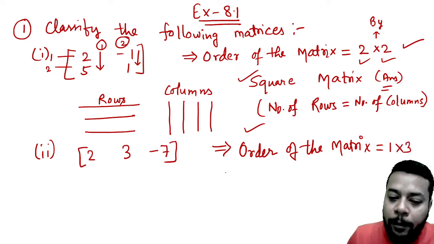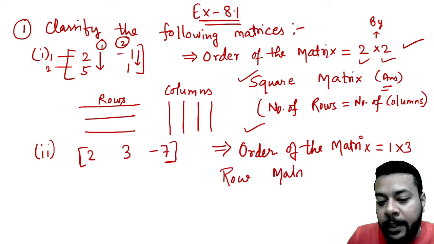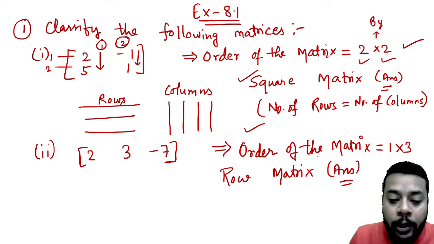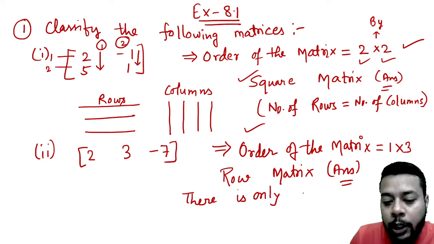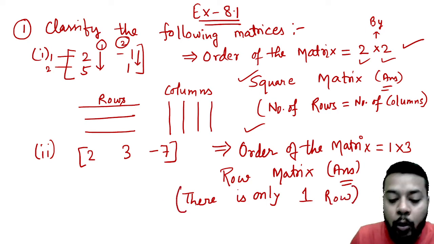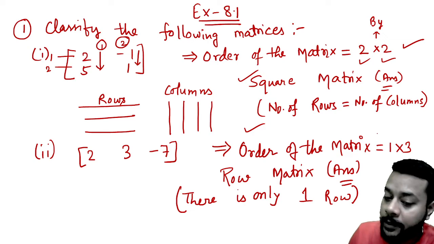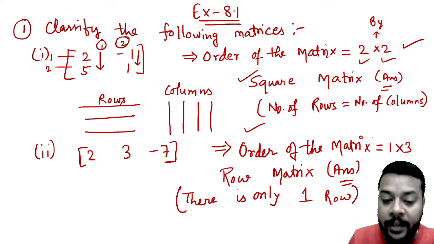So such type of matrix are known as row matrix. Remember, whenever you see there is only one row, such type of matrix are known as row matrix.